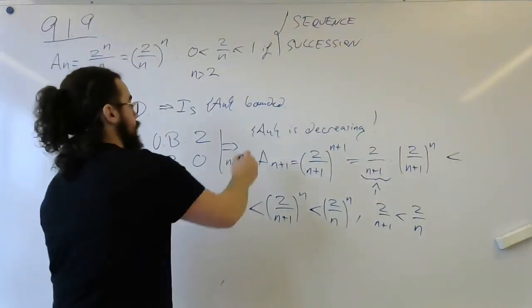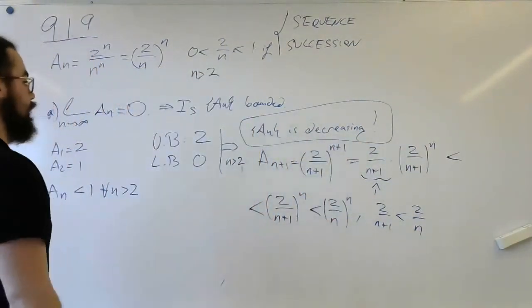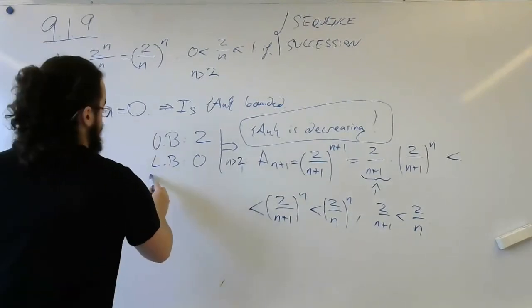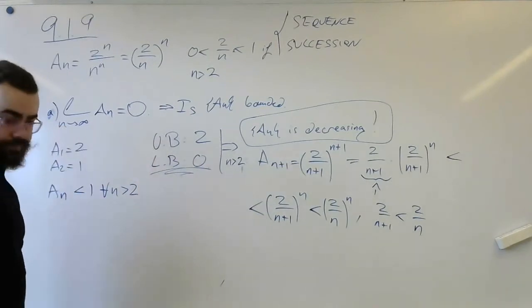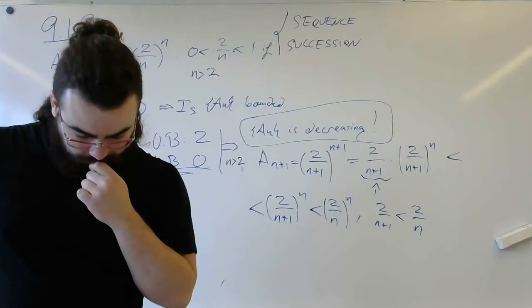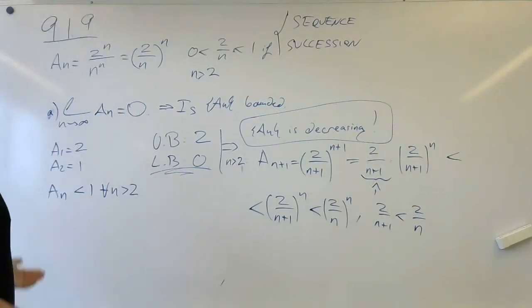So yeah, our sequence is decreasing, uniformly decreasing to be exact. And so for the lower bound, the limit. Now it's decreasing. Is it increasing? Obviously not.